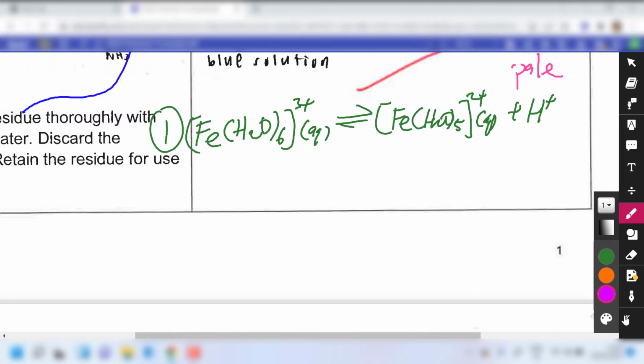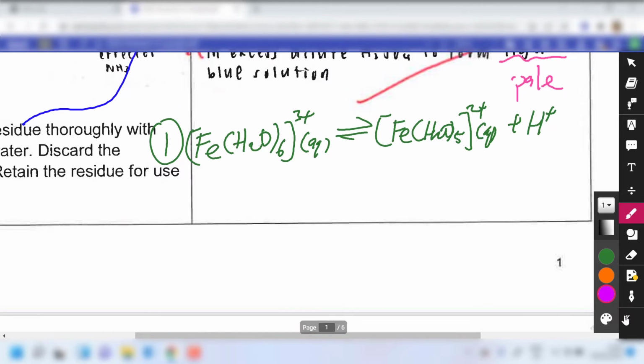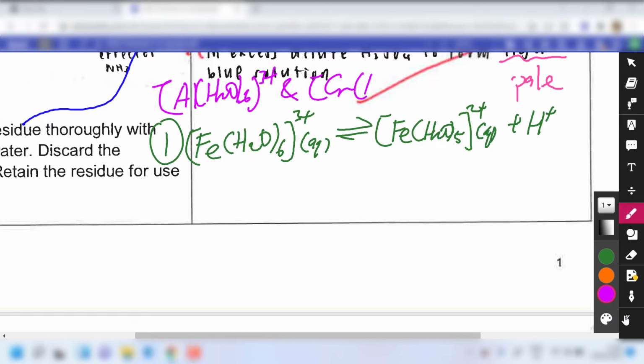What are the other examples of cations with high charge density? There are 2 others in the H2 curriculum. You have Al3 plus aqueous, or of course if you want to be more specific, hexaaqua aluminium 3 plus, and of course hexaaqua chromium 3 plus.